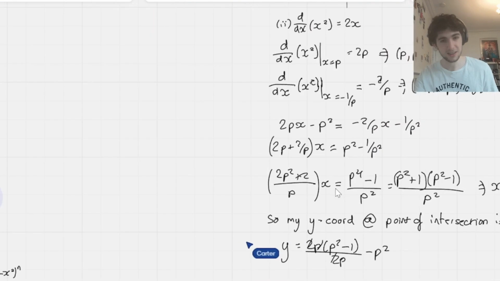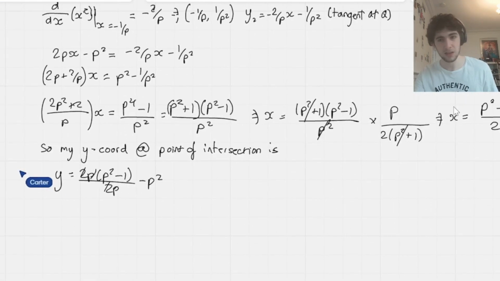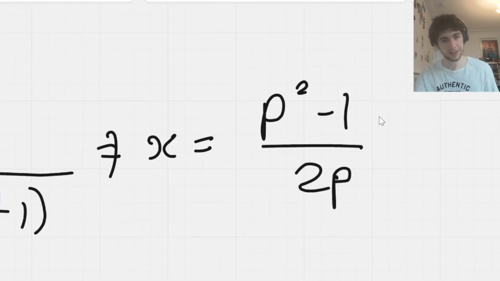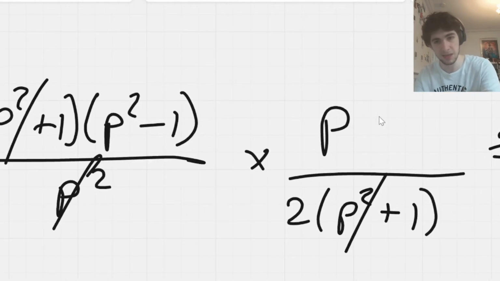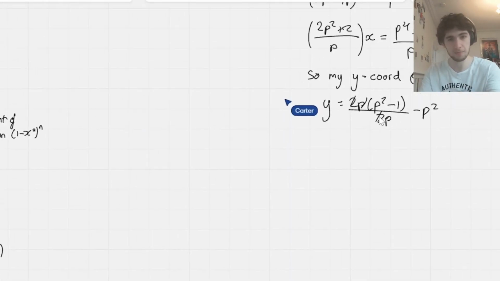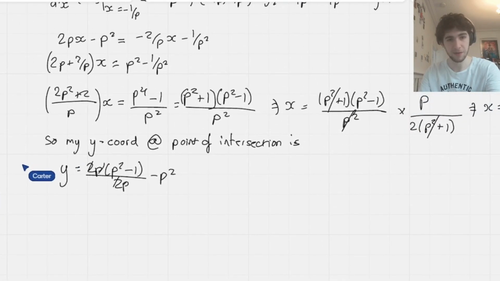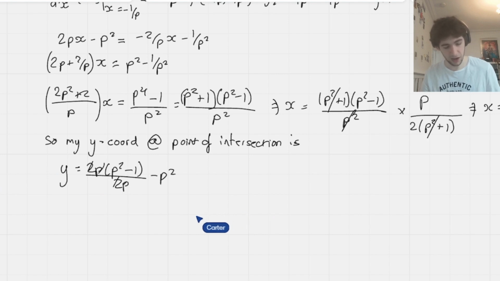Sorry, I should also zoom out. So this should be p squared minus 1 divided by 2p instead, because instead of multiplying by p squared over that, I'm multiplying by p over that. And so then what I end up having is y is equal to p squared minus 1 minus p squared, which is just going to be minus 1. So that's a lot nicer than what we had at the beginning.